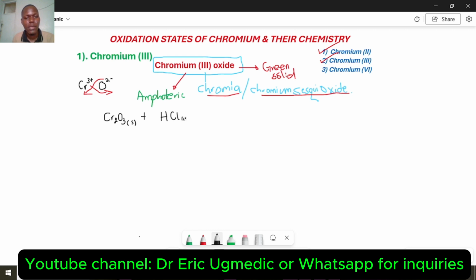So we have this concentrated hydrochloric acid, and this will give us chromium 3 chloride, that's a soluble salt, so it's chromium 3 chloride aqueous plus our water.